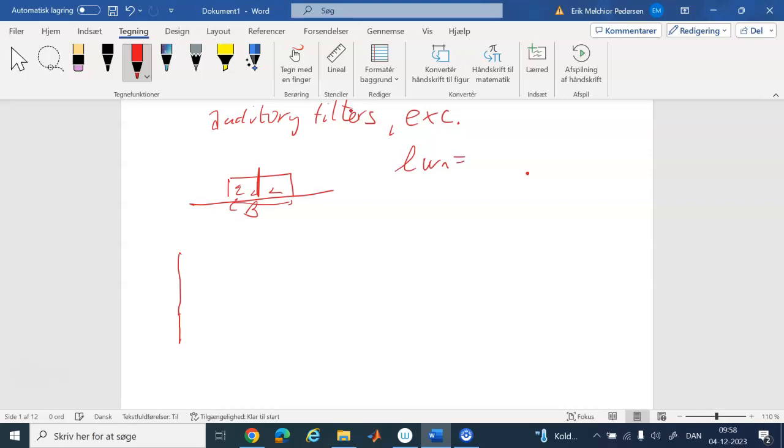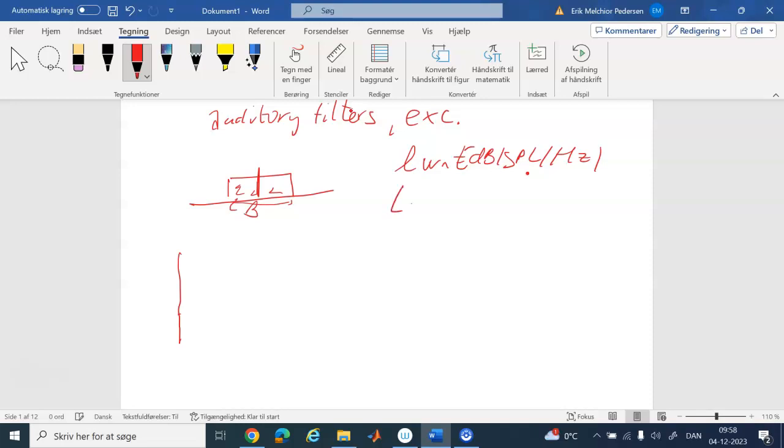wideband noise is given in dB SPL per hertz, and we have the spectrum level and the sound level.